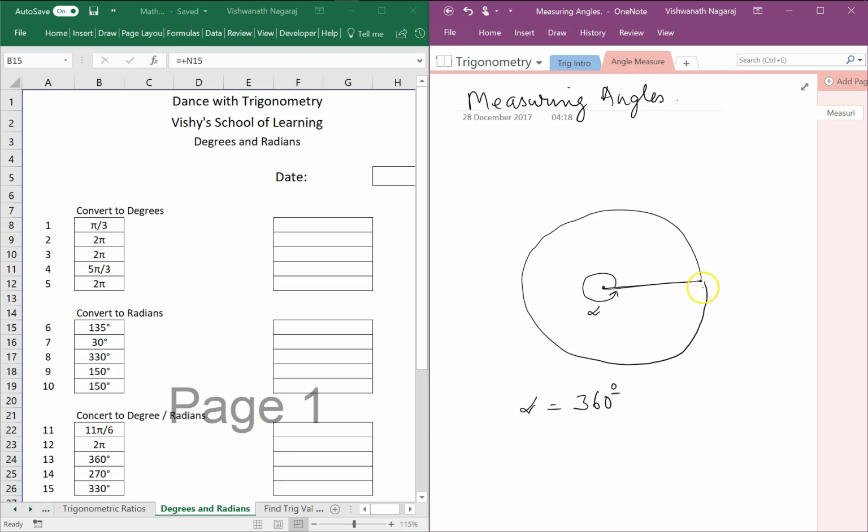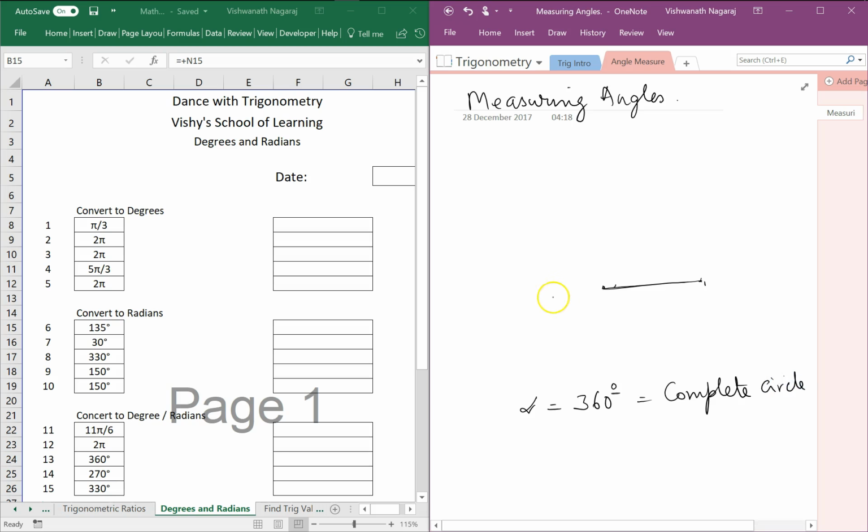Now this circle can be divided into smaller parts. So let me remove this circle. Okay, complete circle. So which means if we come here, how much is this part?